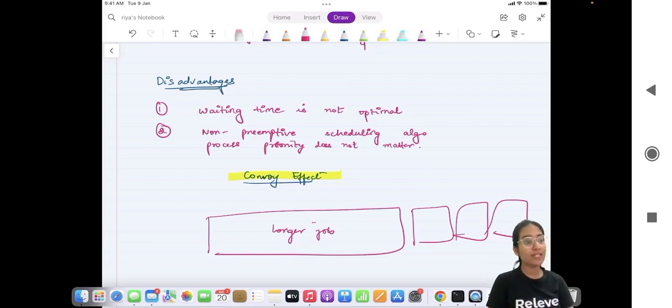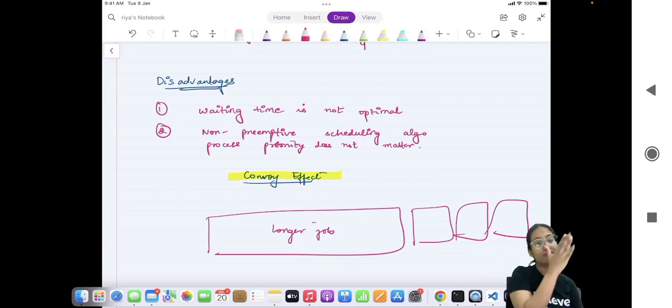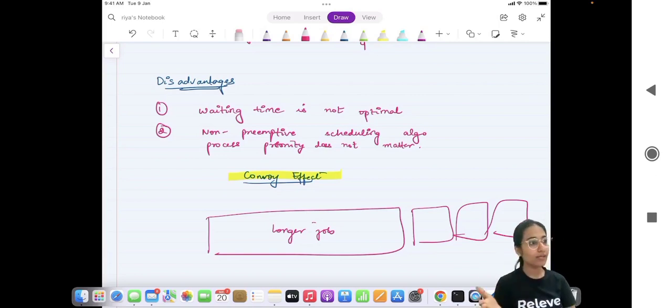So if the CPU gets the process with the highest burst time at the very front of the ready queue, then the processes with lower burst time get blocked, which means they never get the CPU unless and until the execution of that big convoy, that big process, is completed.